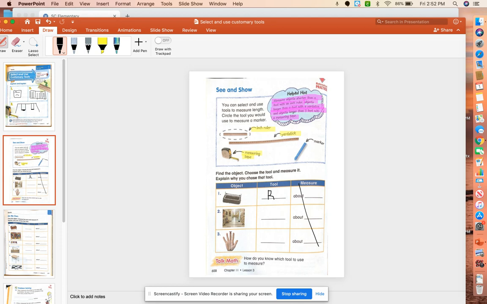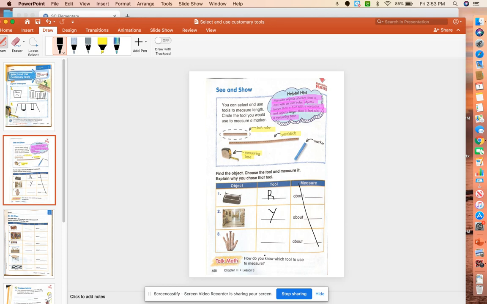If you said a yardstick, I think that's a great idea. A yardstick would be perfect to measure that. So we're going to put a Y for yardstick. Oh, the phone's ringing. You also could use a tape measure as well, but we're just going to use a yardstick to start with today.